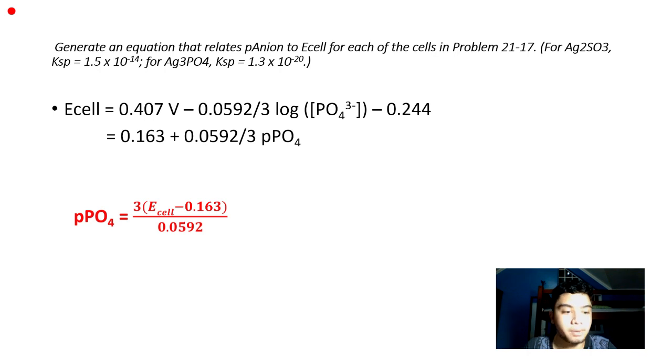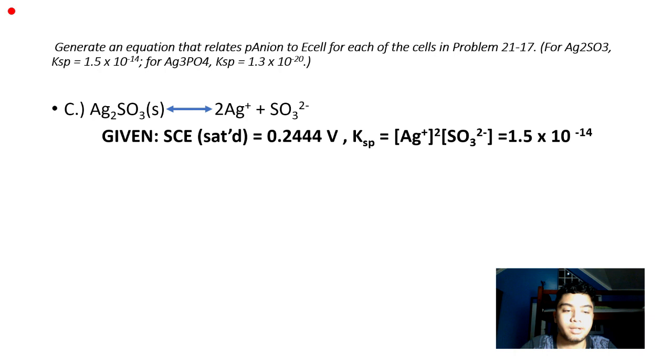Now for the last part, that was a typographical error, so it was supposed to be D. Since we are finding the relationship of the ion, the pSO3 negative, and the E cell.